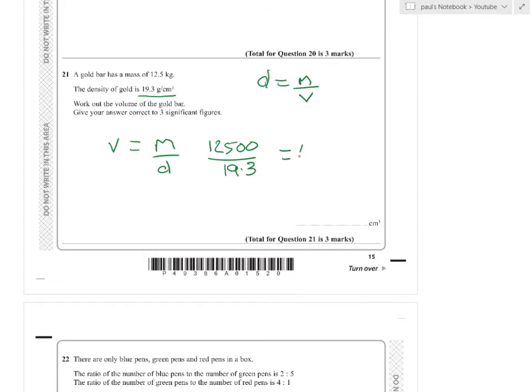Three significant figures is just going to be 648. 648.